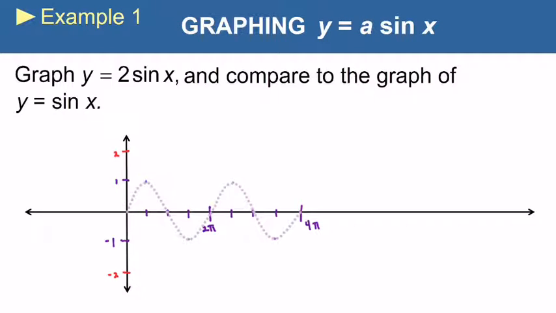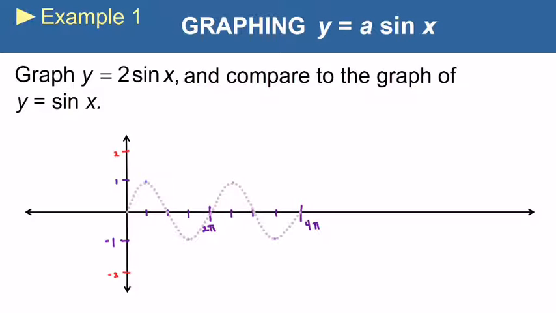Okay, now what we're going to do here in example 1 is we're going to graph 2 sine x and then compare that to the graph of y equals sine x. And what I've done is I've gone ahead and drawn in our basic y equals sine of x graph. And so what I did was middle, high, middle, low, middle, and I did it twice to have 2 periods.